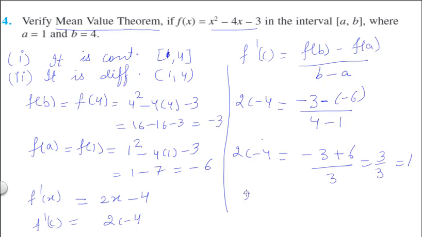So 2c minus 4 is equal to 1. That shows c is equal to 5 by 2, and which belongs to the interval (1, 4), right? So 5 by 2 is the point where f dash c will be equal to this expression. This is how you're going to solve questions on Lagrange's mean value theorem.